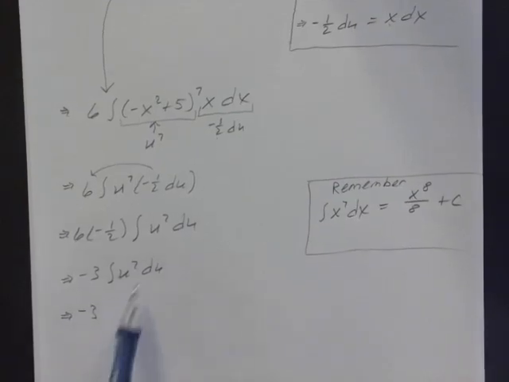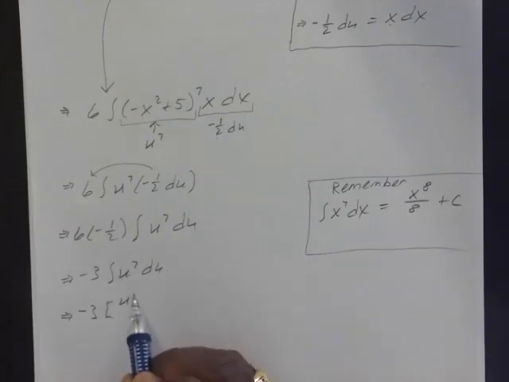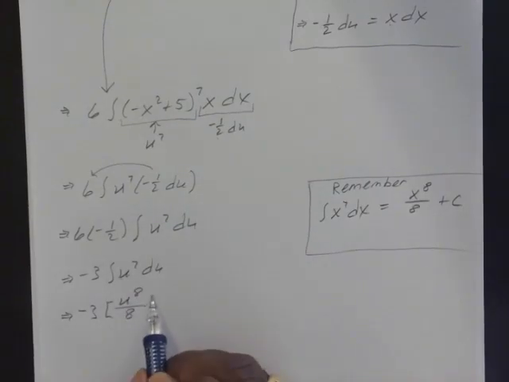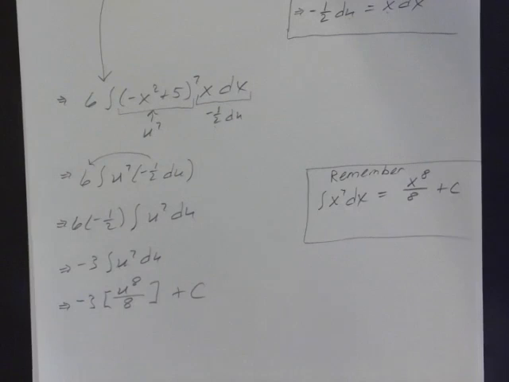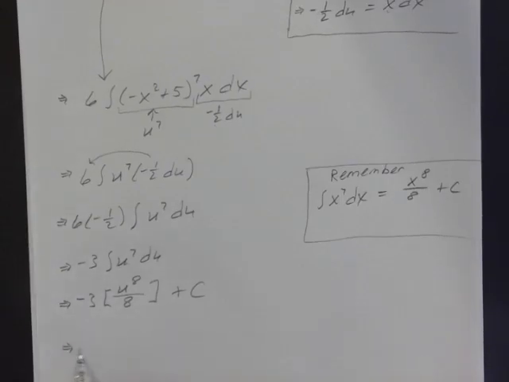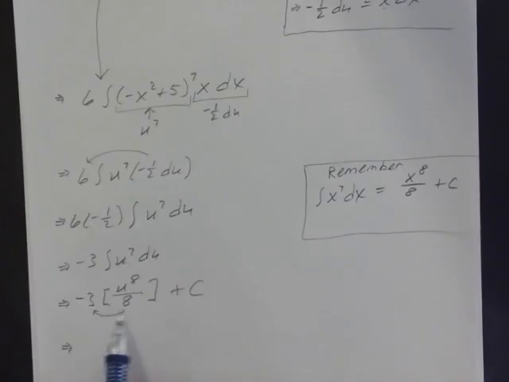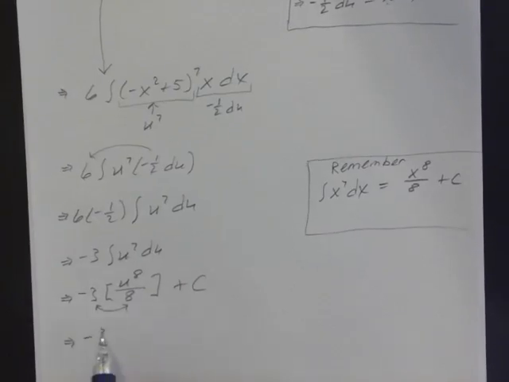So you have negative 3 times the integral of u to the 7th power, which is just u to the power of 7 plus 1 over 7 plus 1, plus c. And that gives us, if you factor out that 1 over 8, negative 3 over 8 times u to the 8th power plus c.